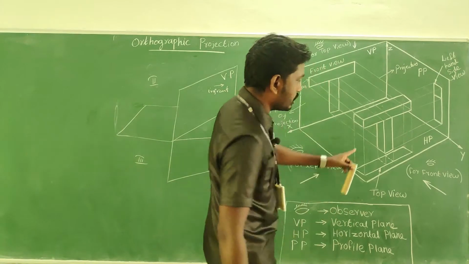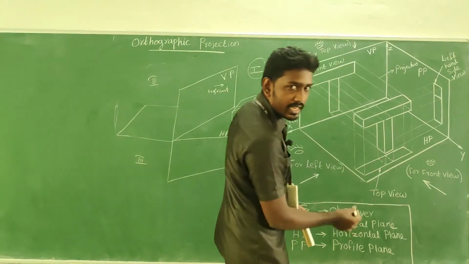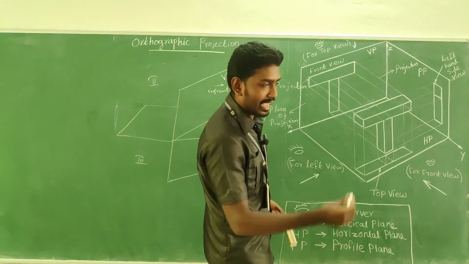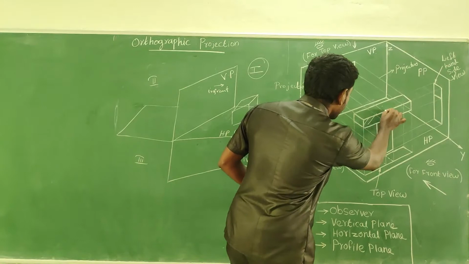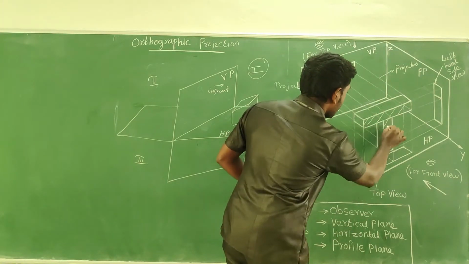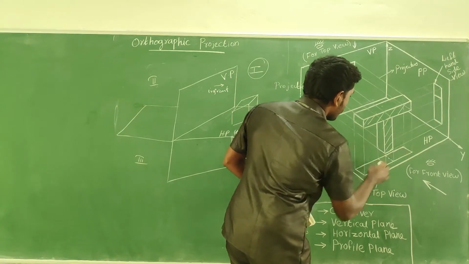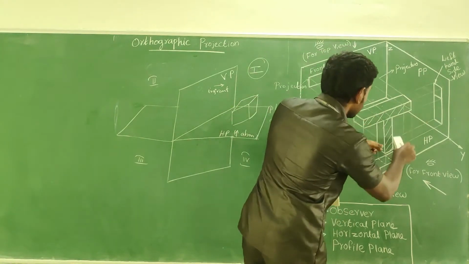He will put his sight over the object. If he sees the object at right angle to it, 90 degree to the object, in the front view the face of this T shape, this surface, can be seen.